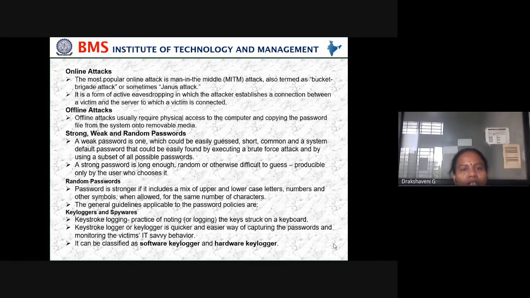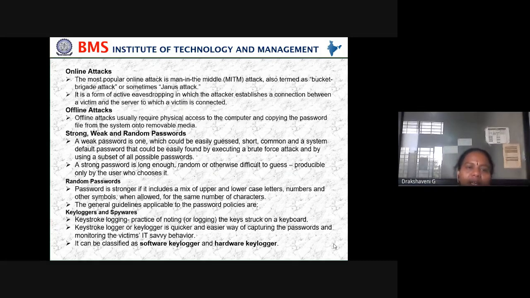It is a form of active eavesdropping in which the attacker establishes a connection between a victim and the server to which the victim is connected. So that's what online attacks are.